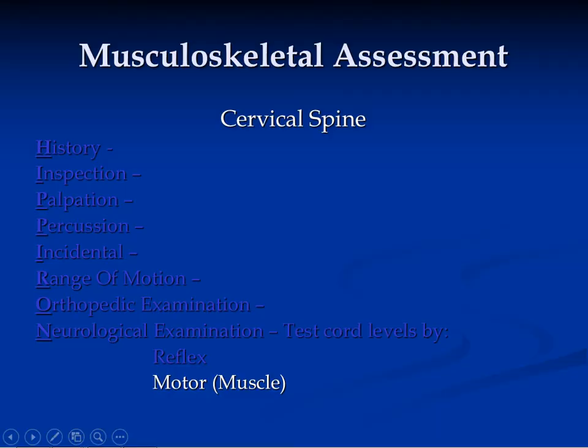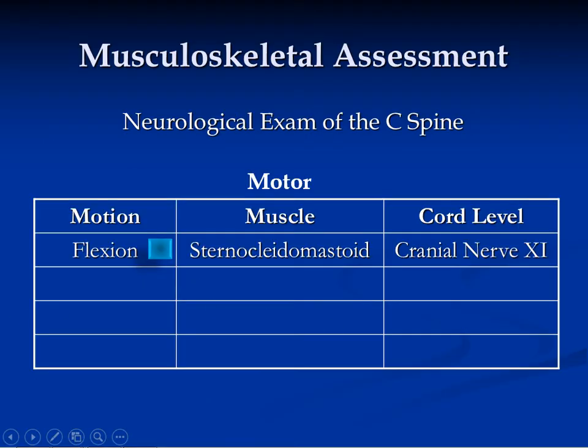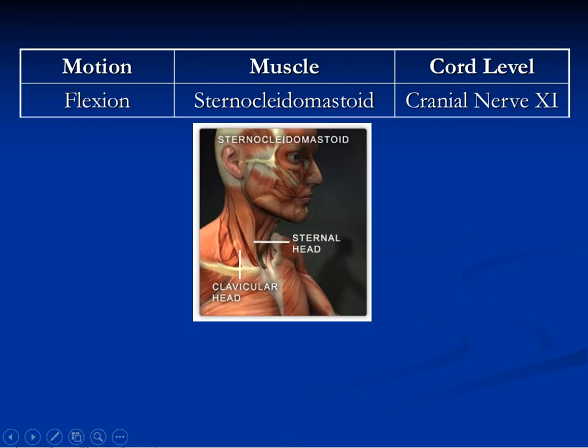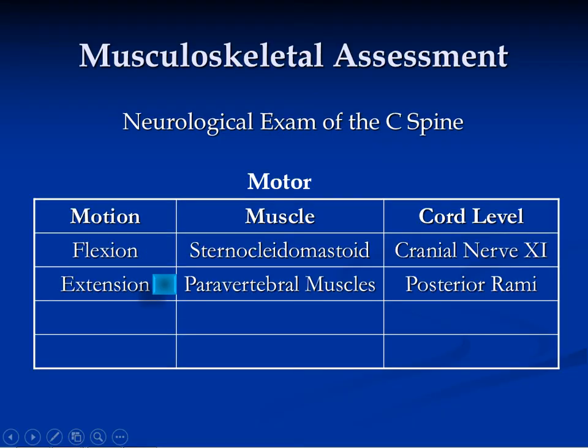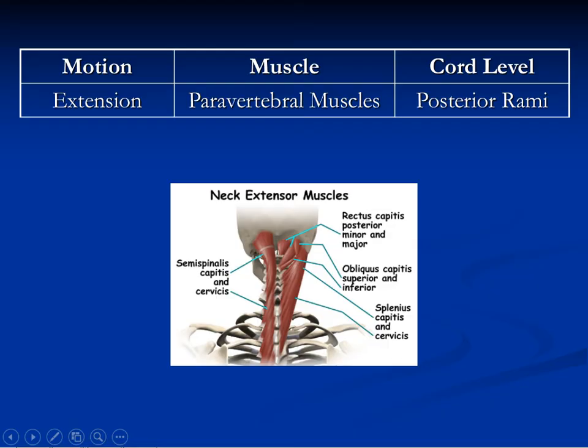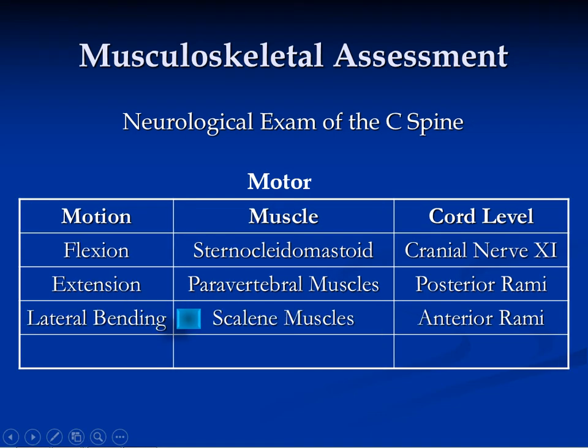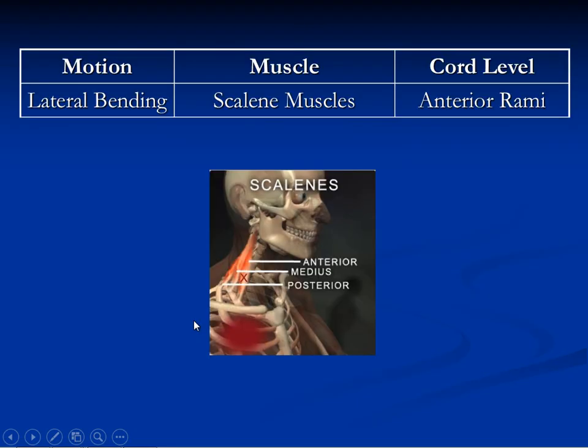Examination of the motor response. Flexion is achieved by sternocleidomastoid through cranial nerve 11. Extension through the paravertebral muscles and the posterior rami. Lateral bending through the scalenus muscles and the anterior rami.